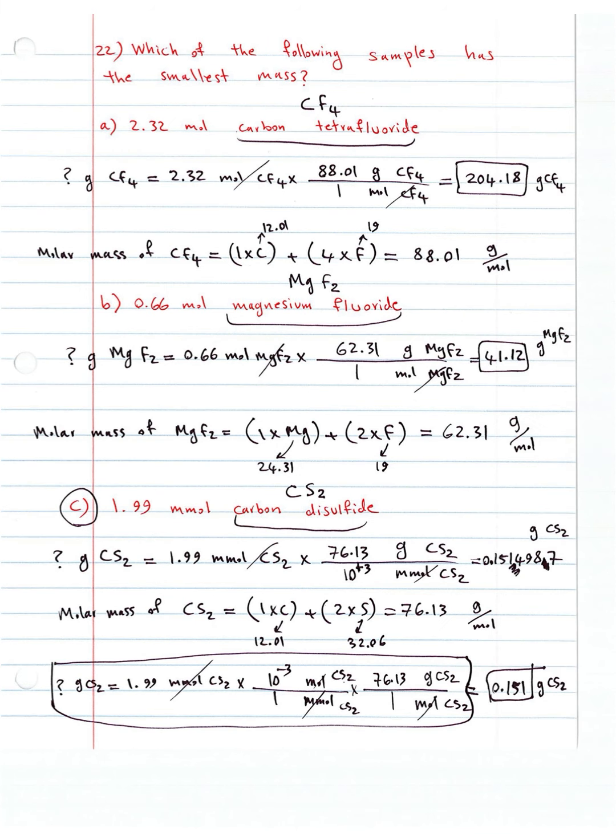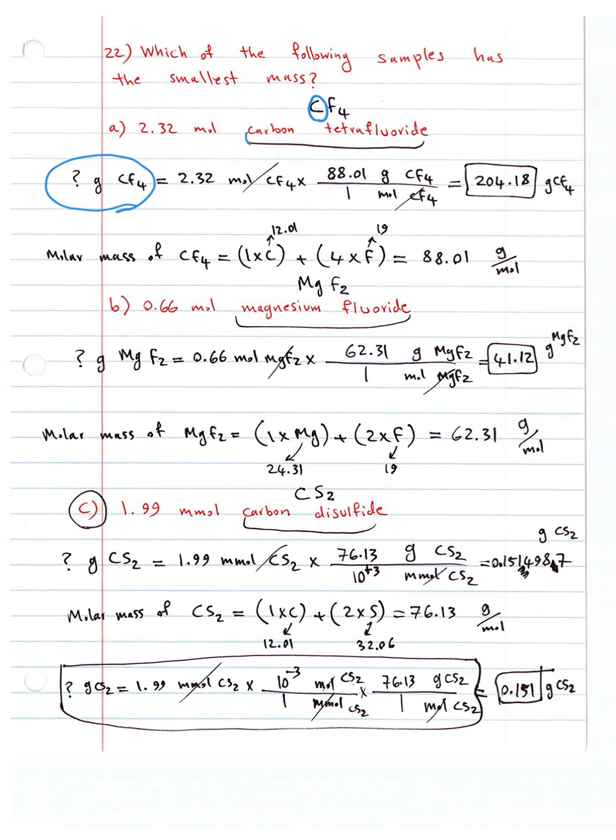Which of the following samples has the smallest mass? You say how many grams of CF4, and then you should name the carbon compound. When naming molecular compounds, at the beginning, when it's mono, we don't write it. Tetrafluoride, base name of the non-metal plus ide.